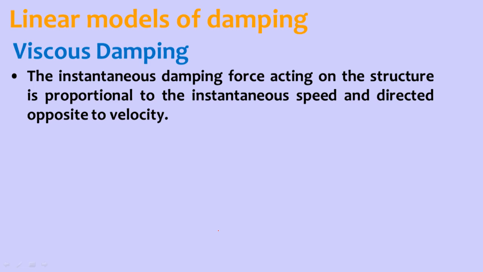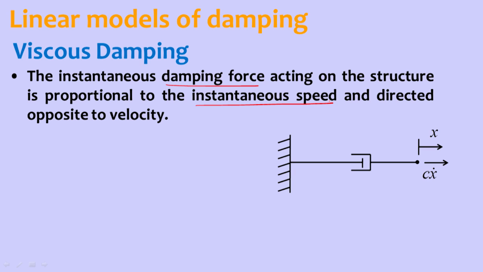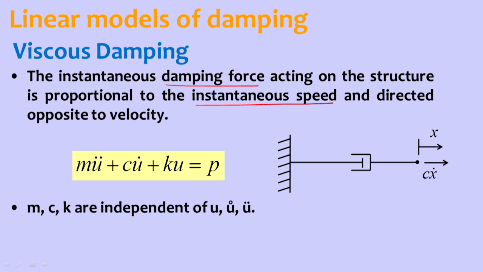Let's discuss a bit about linear damping models. The instantaneous damping force acting on the structure is usually proportional to the instantaneous speed, and it is usually directed opposite to the velocity. Take this as an idealized system, with the equation of motion set here.